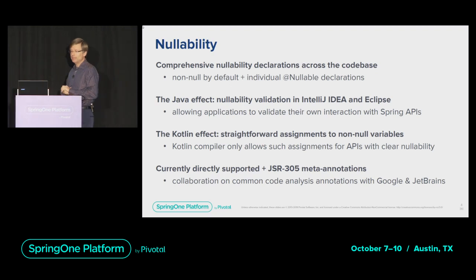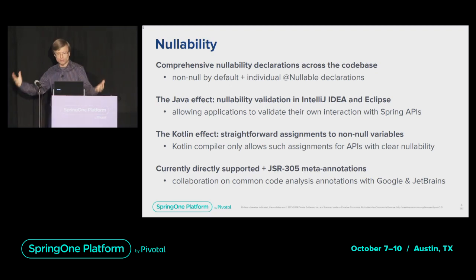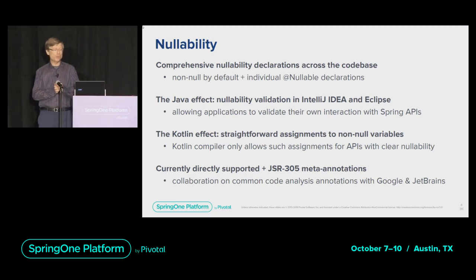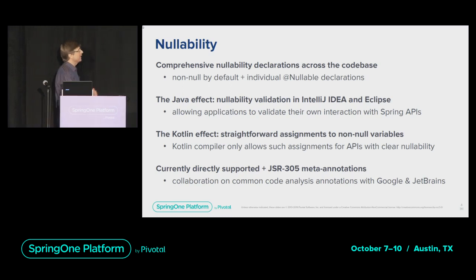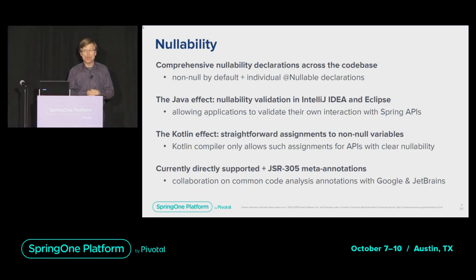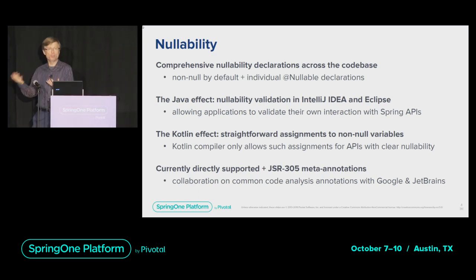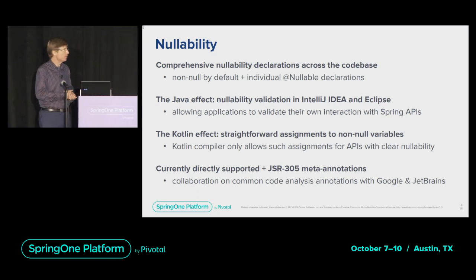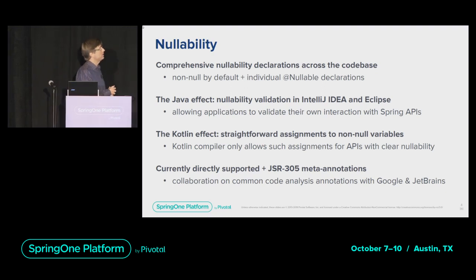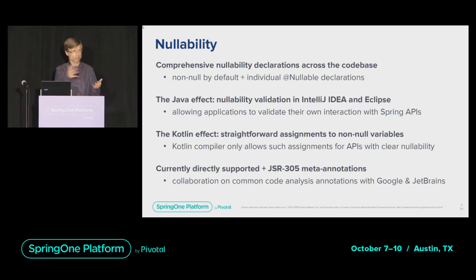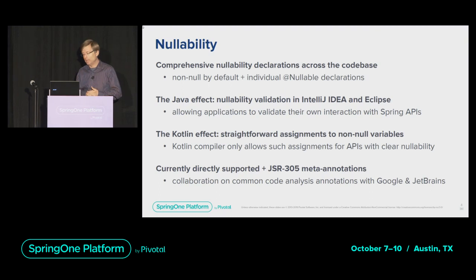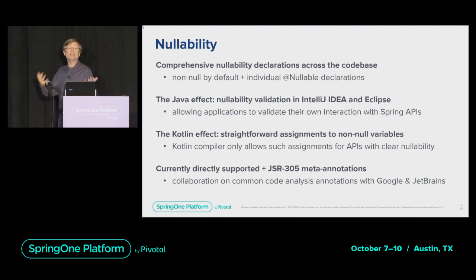We started embracing an approach that quite a few other libraries and tools have already been using, @Nullable and @NonNull declarations all across the code base. So instead of putting it into Javadoc, putting it into an annotation is already quite a formal step, a step that tools can reason about, and a step that we can also validate.